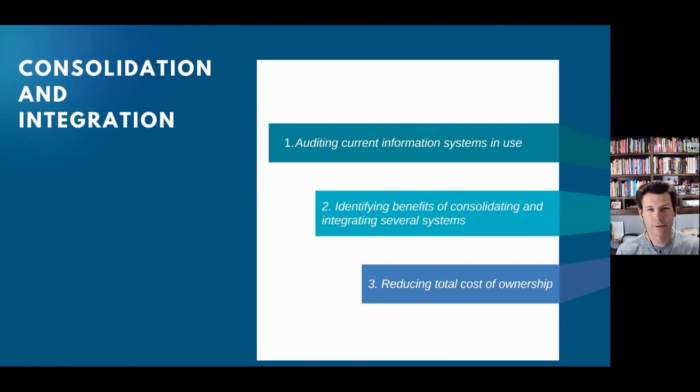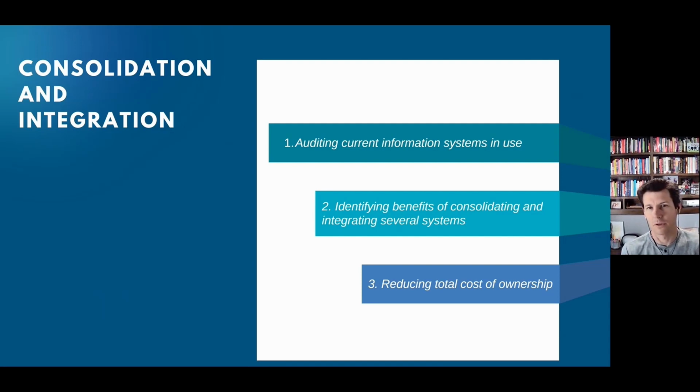All right, digging further into consolidation and integration. Very important we review and audit all the current information systems in use. So how many different software products play into our current planning solution? And if we have several, well, that's costing us money because the upkeep of the licensing, the training, software maintenance and patches, and different hardware infrastructure, that all costs money and time.